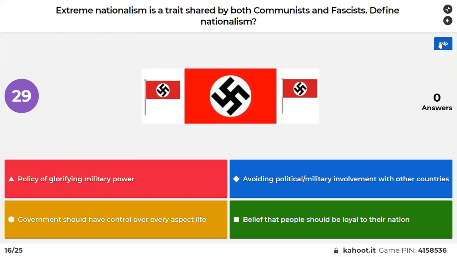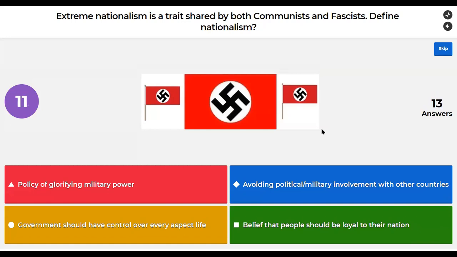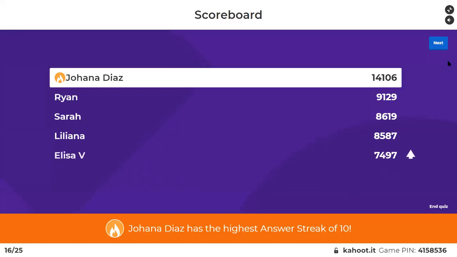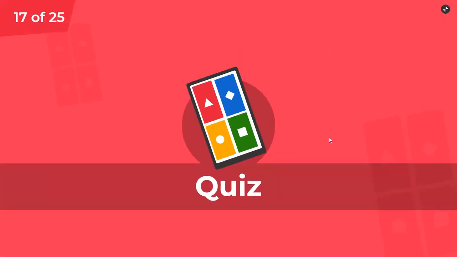Define nationalism. All right, belief that people should be loyal to their nation. Nation before anything else. Country before God.